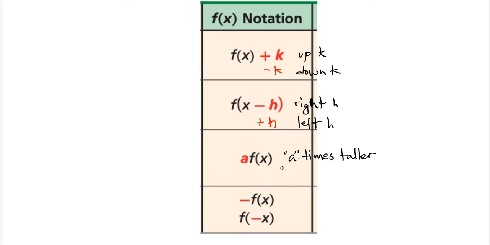I don't really like using those terms because people get confused by them, but I know you'll see it written this way as well. Those two phrases mean the same thing. I am going to scribble at the very bottom one because that's for pre-calc. A negative sign in the front flips it upside down.